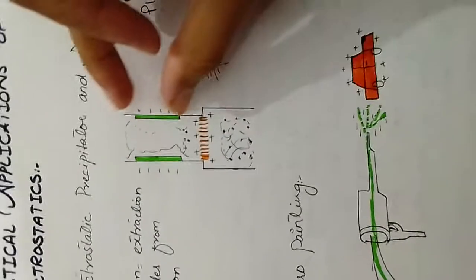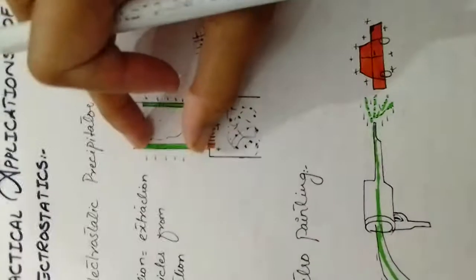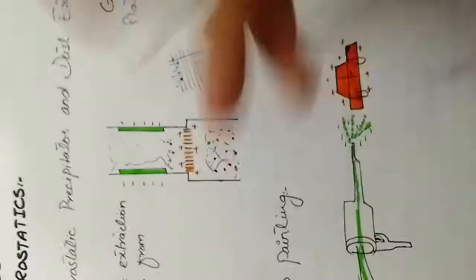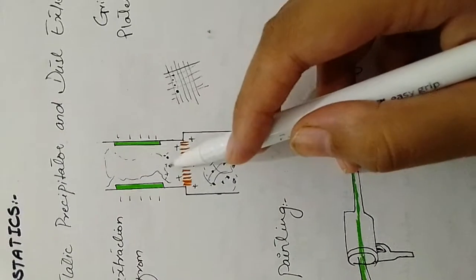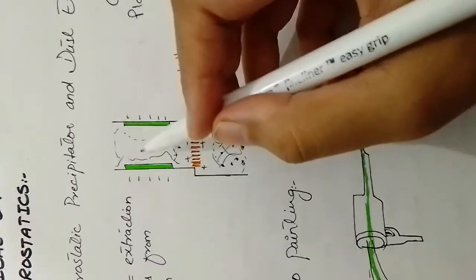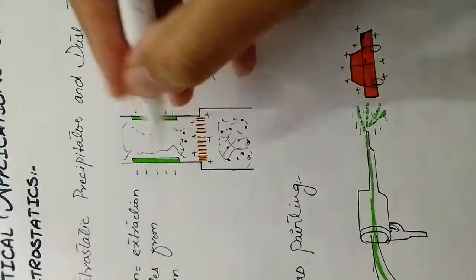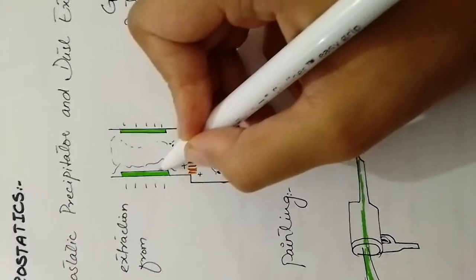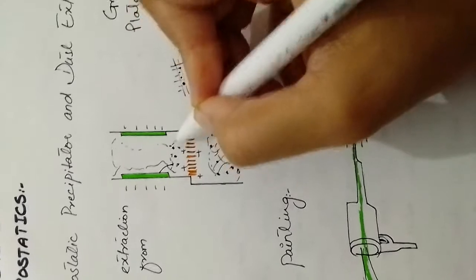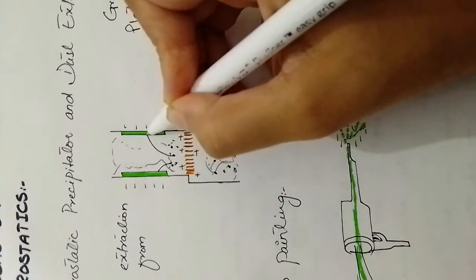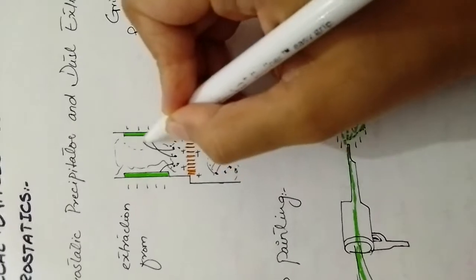We install negatively charged plates in that chimney. So here we have positive particles and ahead we have negative plates. The positive particles will be attracted towards the negative plates.